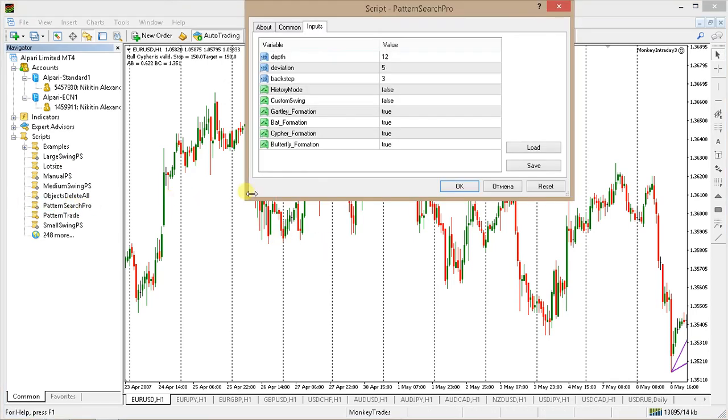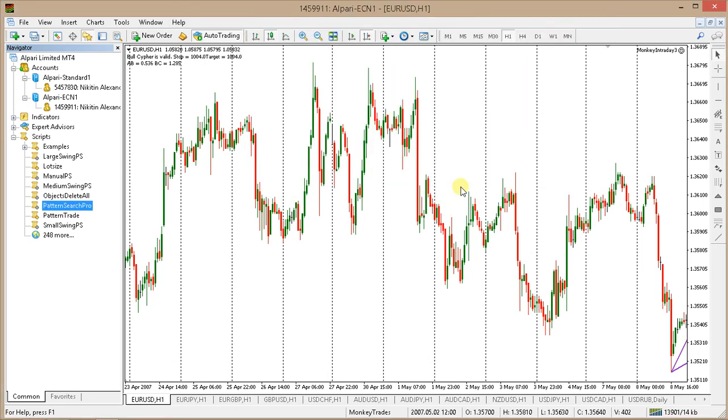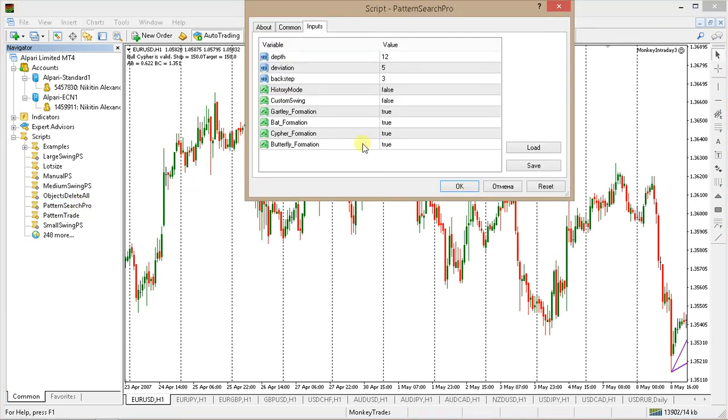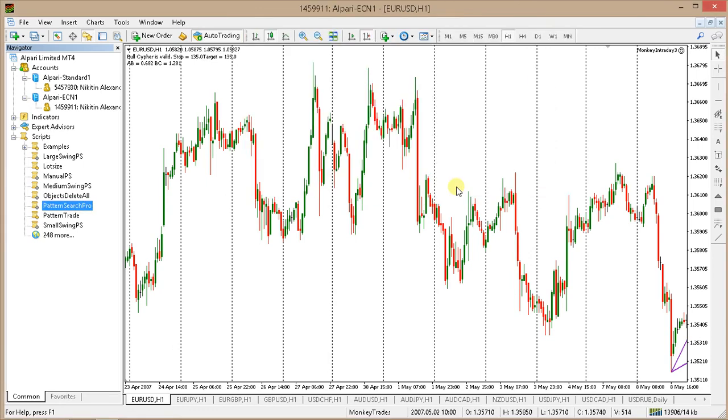Medium, 8, 3, 2, enable history mode, disable godly, disable bat, disable butterfly. And let me enable small patterns. 5, 3, 2, history mode, disable godly, disable bat, disable butterflies.